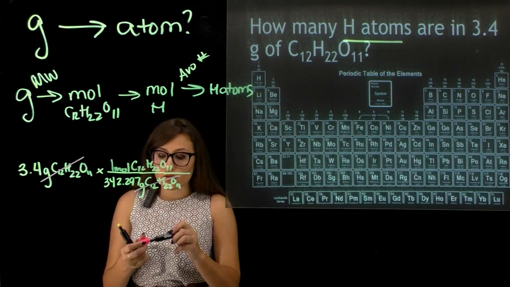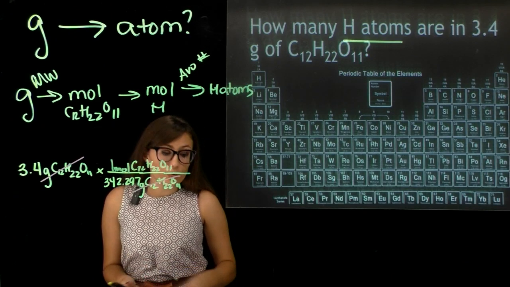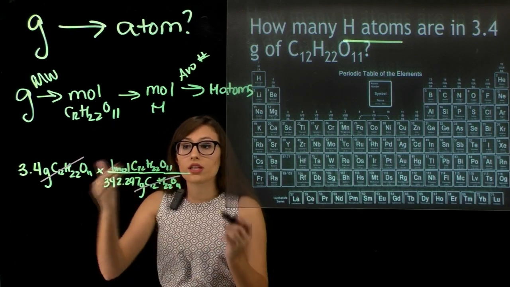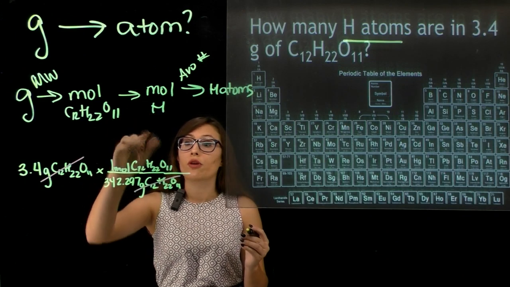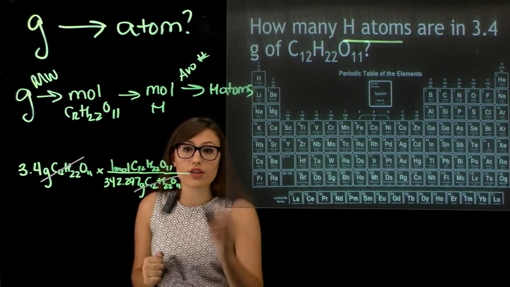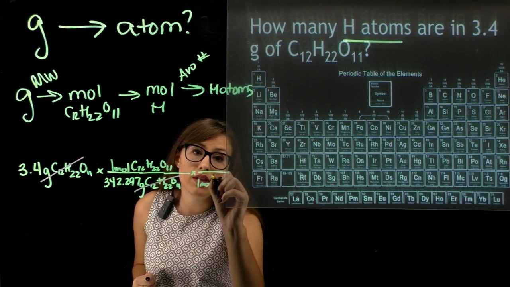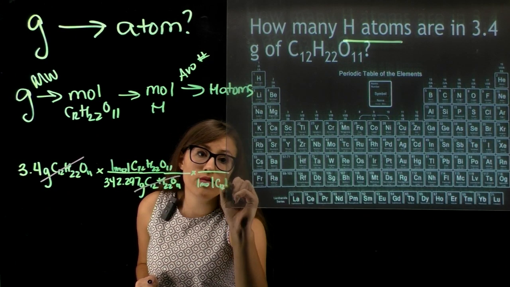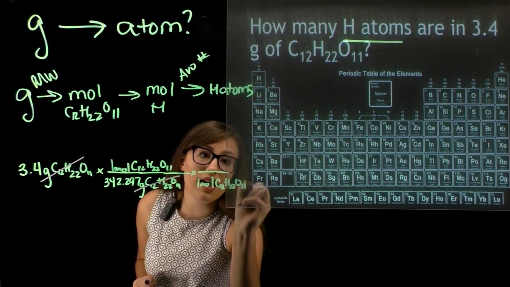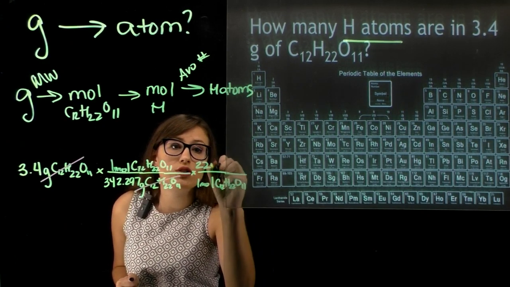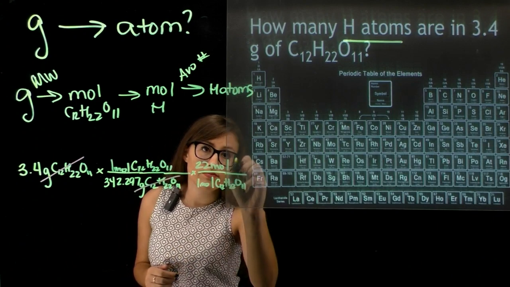Now we have moles. In order to cancel out moles, we need to now convert from moles of sample to moles of hydrogen. And we said for every 1 mole of sample that we have, C12H22O11, we had 22 moles of hydrogen.